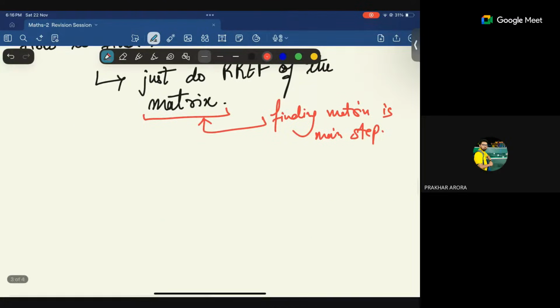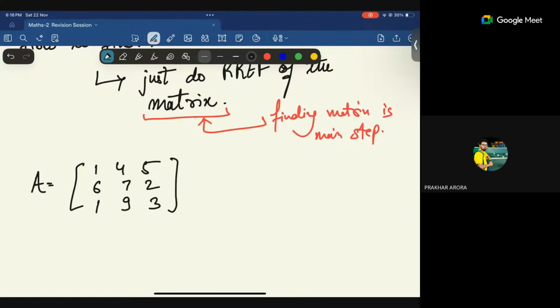So suppose we are given the matrix of the transformation like this. This is a very random matrix I drew in my brain. Now the question is that you have to tell whether it's a one-one transformation, whether it's an onto transformation, whether it is both, or whether it is neither. That's the question.